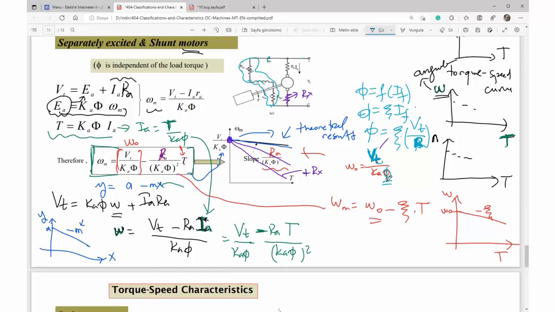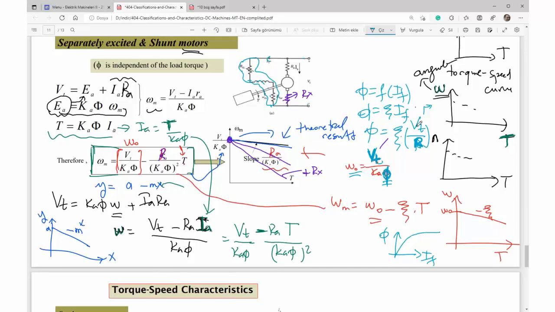Speed will be constant. It looks constant, but in reality, you know, there's a saturation. If you increase terminal voltage much more, flux cannot be increased properly. When you increase field current, flux will increase, but that saturates.